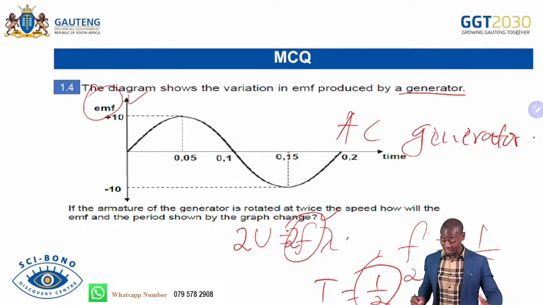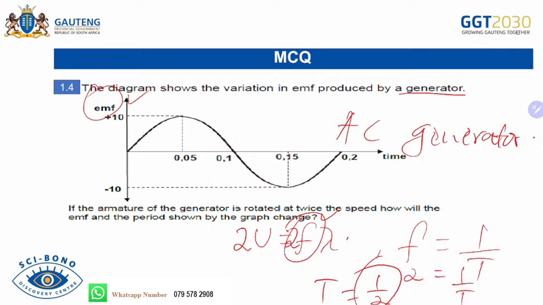We said frequency will increase, right? Frequency will increase by the factor of 2, but here they're not asking us about the frequency, they're asking us about the period. So there were how many waves that we're having in 0.2?